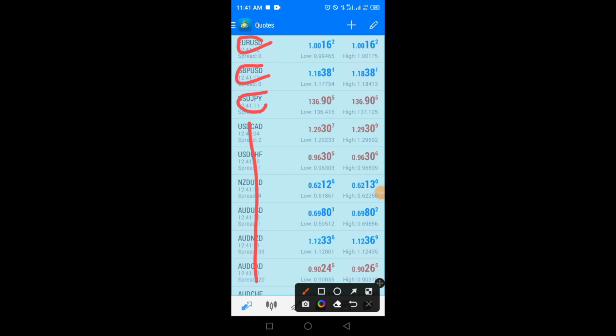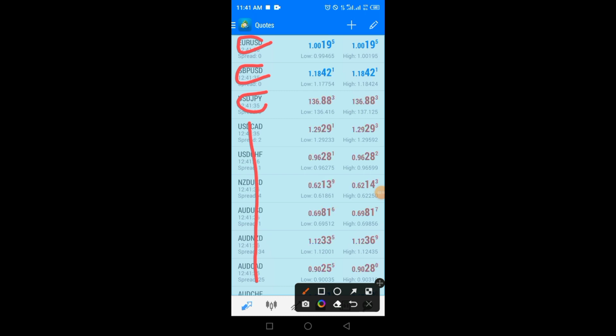These currency pairs are represented in their short forms because this is not the full name. The euro versus the US dollar is represented as Euro USD. The GBP versus the US dollar, the real name for that is Great Britain pounds versus the US dollar. So these are some of the short forms of the currency pairs, and this is how they are represented on the quote features.